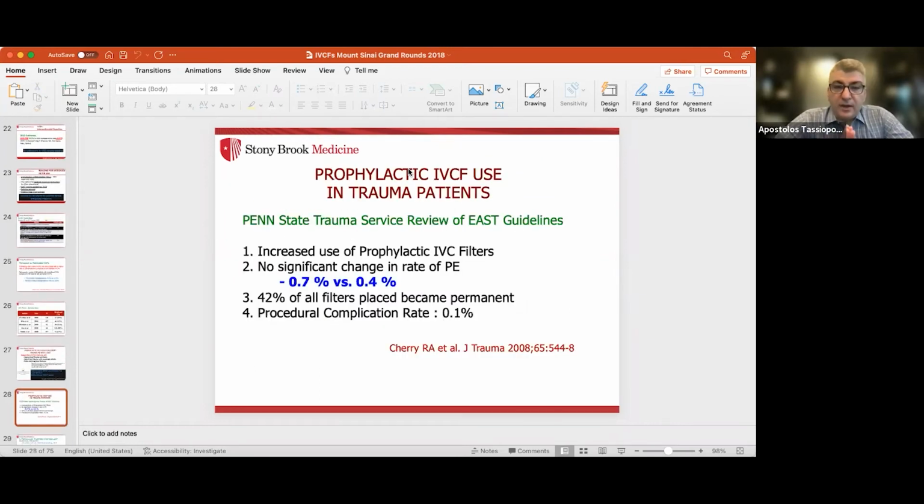Another study that clearly went against those guidelines is this Penn State Trauma Service review. They showed no significant change in their rate of pulmonary embolism. It was 0.7 versus 0.4. And they reported something very interesting, and became an issue after that, that 42% of all of the filters that were placed became permanent.